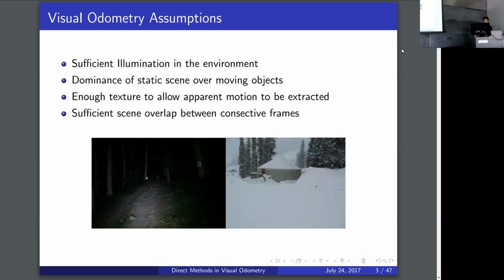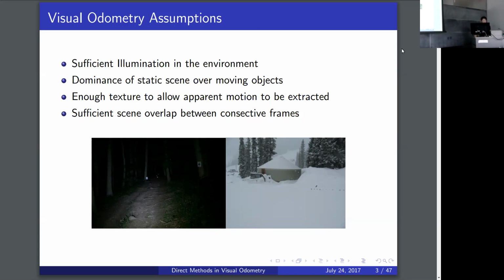And so visual odometry has four main assumptions. First, the environment which the camera is observing has sufficient illumination. The second is the dominance of static scenes over moving objects. Third, enough texture so that feature-based methods can identify features in the real-world environment, and also sufficient scene overlap between consecutive frames.